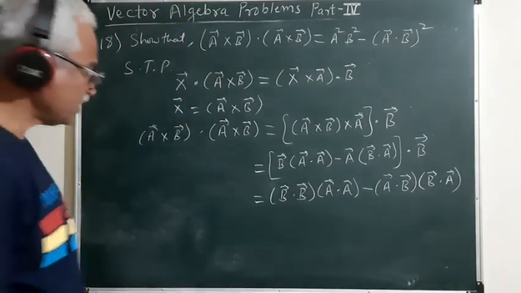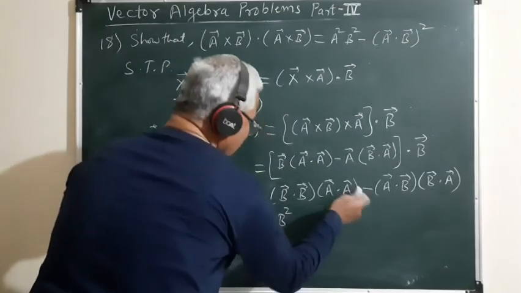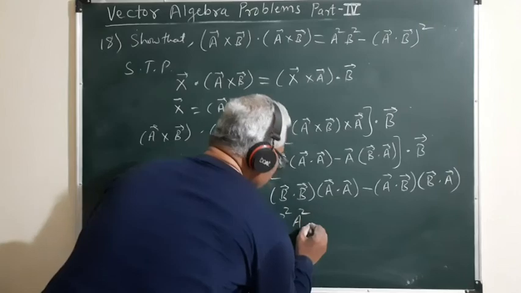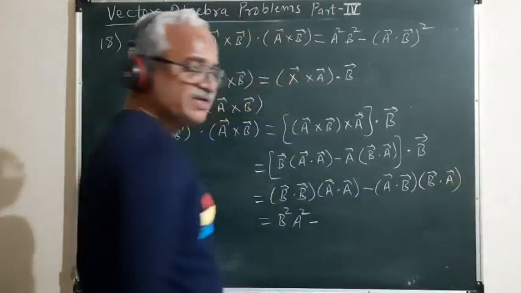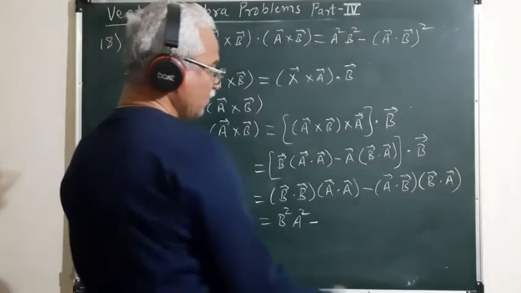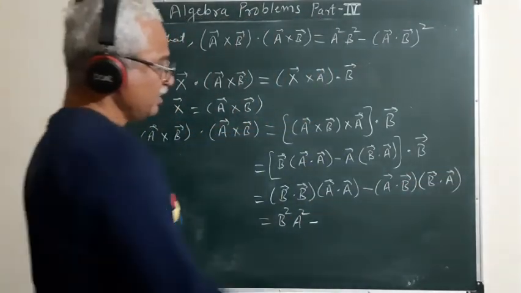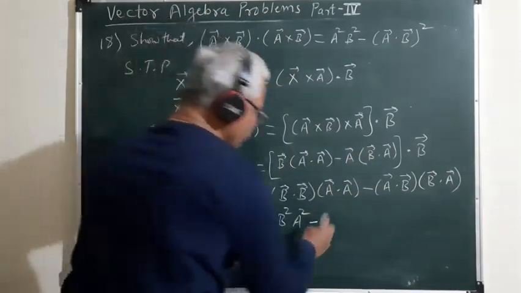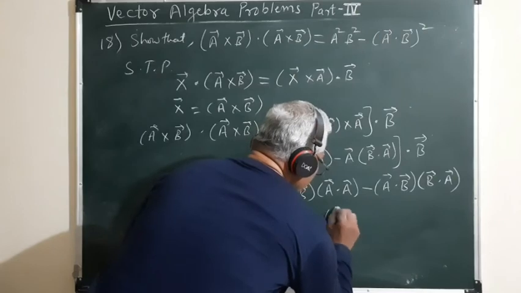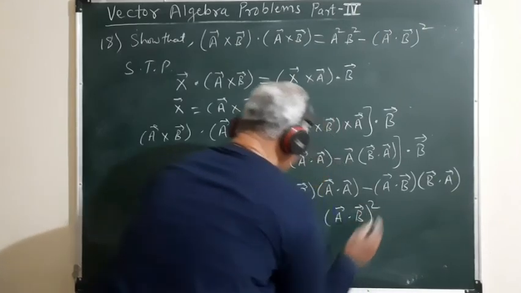B bar dot b bar is b square, and a bar dot a bar is a square, minus a bar dot b bar. b bar dot a bar, if replaced by a bar dot b bar, is a bar dot b bar into a bar dot b bar. So this is nothing but a bar dot b bar bracket square.